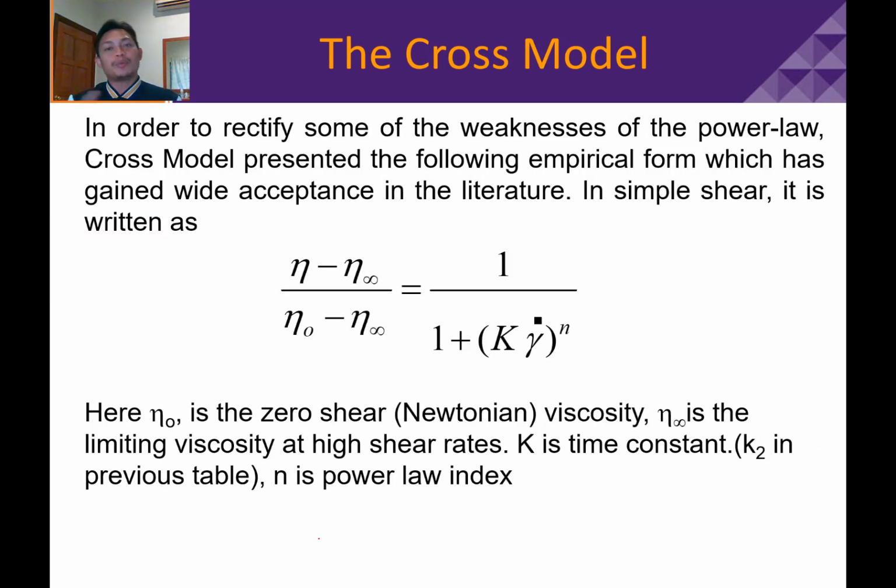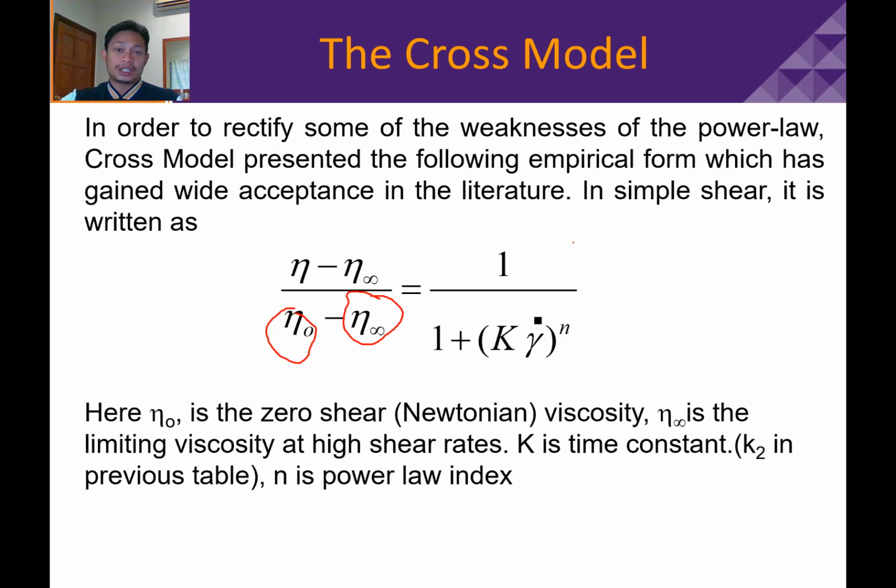What is another model other than the Carreau model? We can use the Cross model to rectify some weaknesses of the power law model. So we have the power law model, the Carreau model, and third, the Cross model. The Cross model also takes into consideration the zero shear viscosity and infinite shear viscosity, but it uses a different equation.